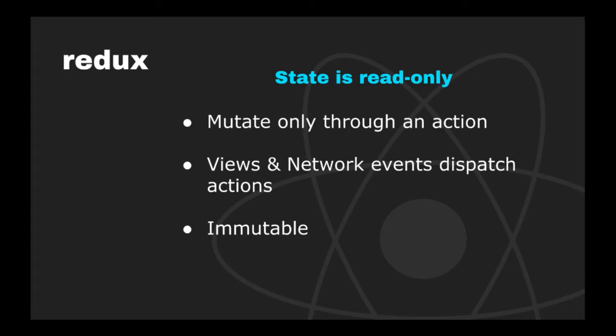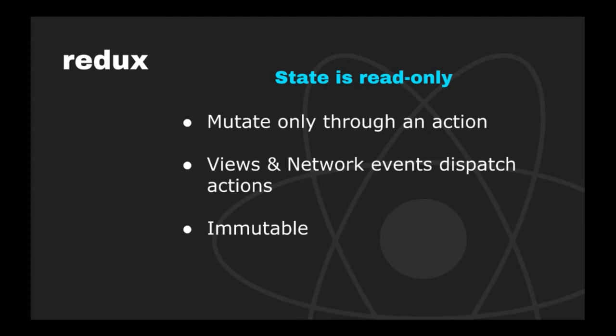The state is read-only, as we said. This is the second principle, because all the mutations are going to go through actions only, and even the events coming from the view, from the user, or from the network, they cannot mutate the state. They are going to dispatch an action in order to mutate the state.